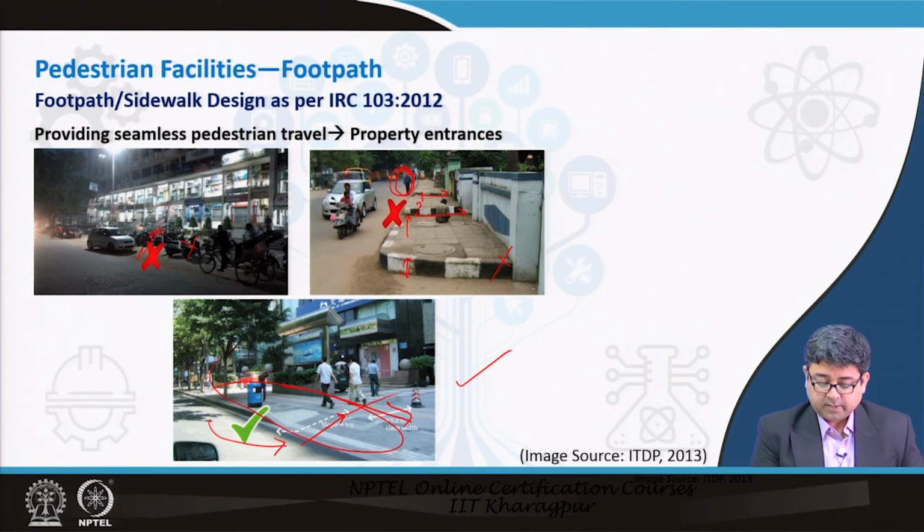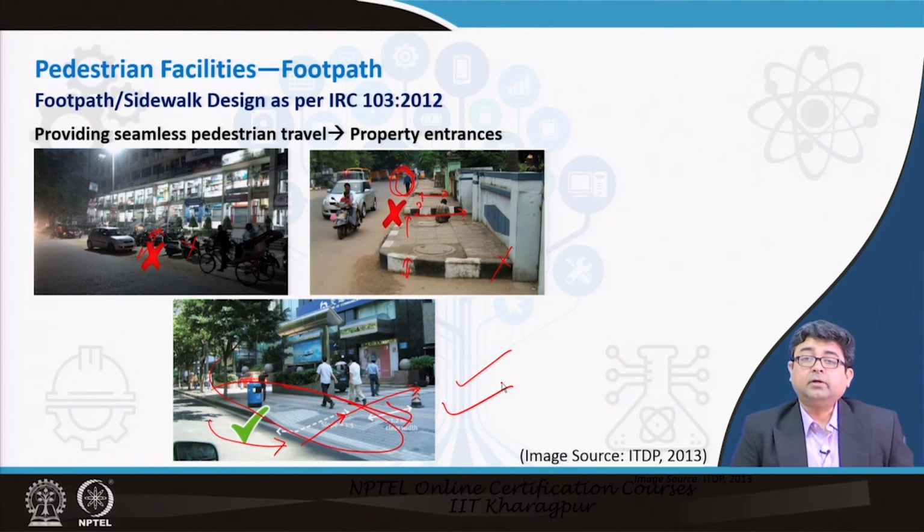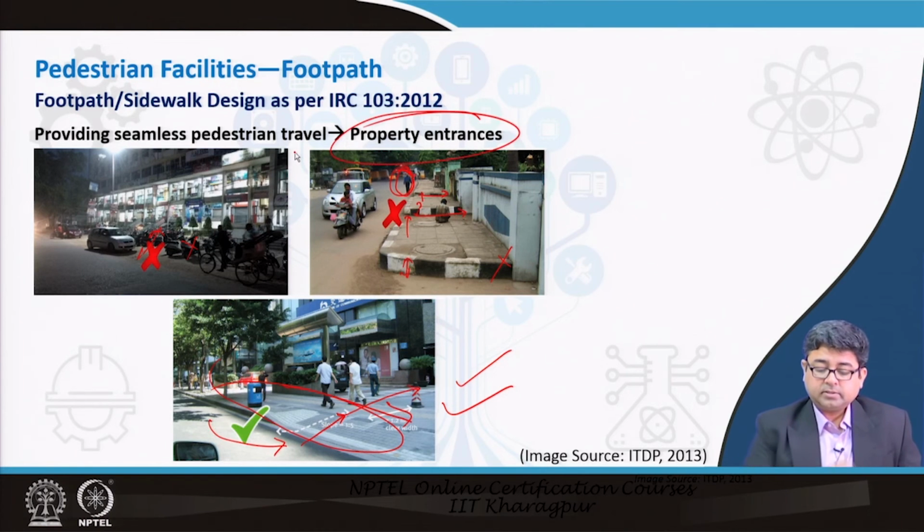After the upslope, the vehicle can then slowly go ahead and access this. I believe any of the new smart cities that are looking at developing pedestrian infrastructure are keeping this in mind while they are designing for property entrances.